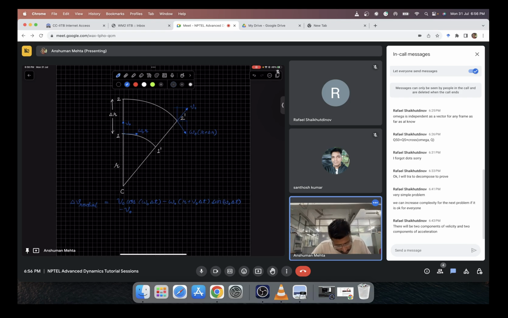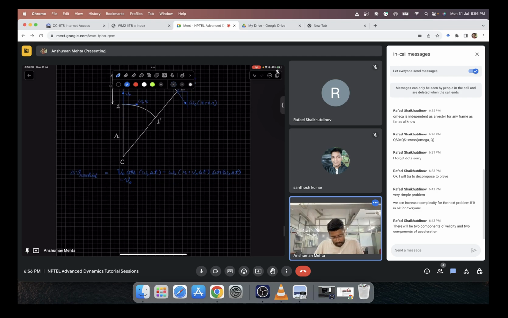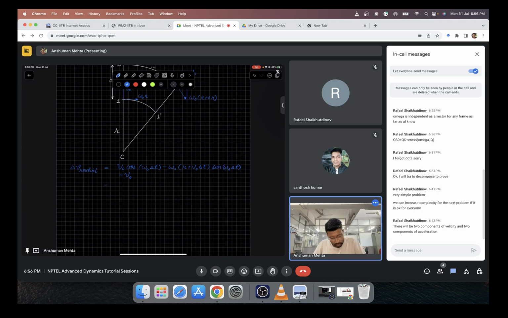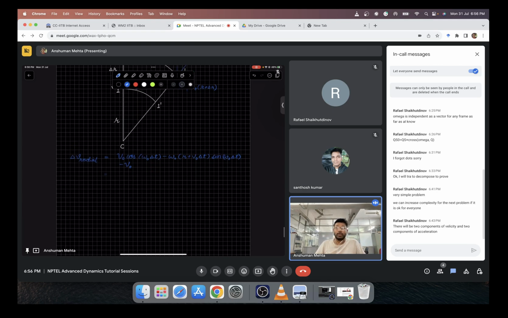So these are the angles. So V radial will come out to be V naught minus omega naught square r delta t minus omega naught square V naught delta t square minus V naught.